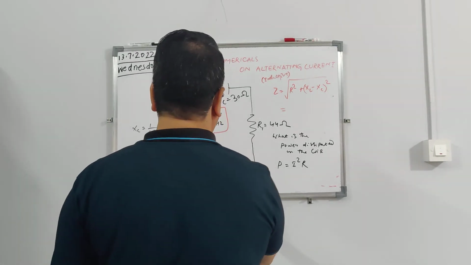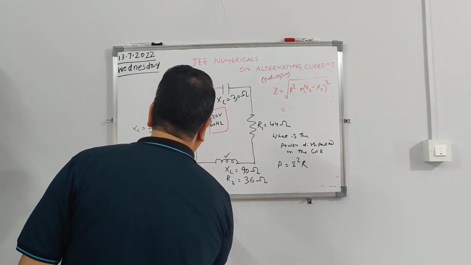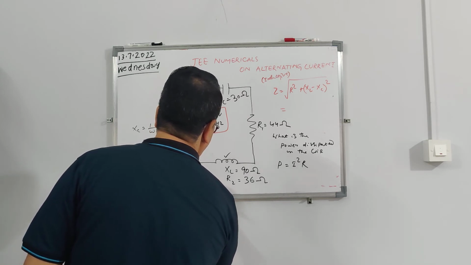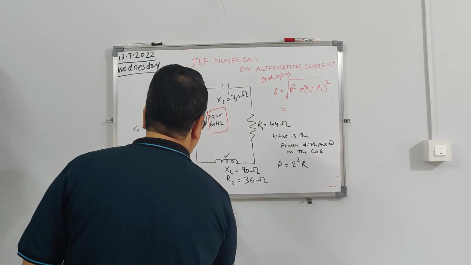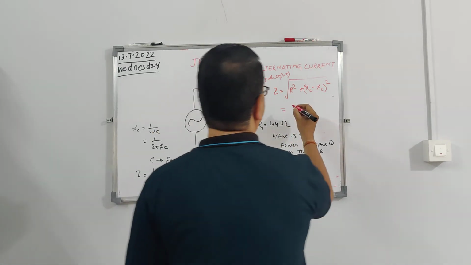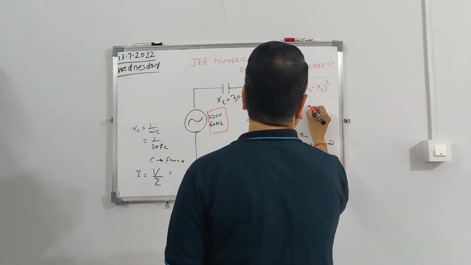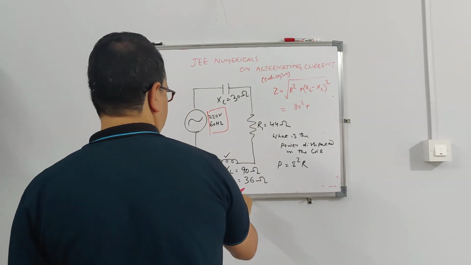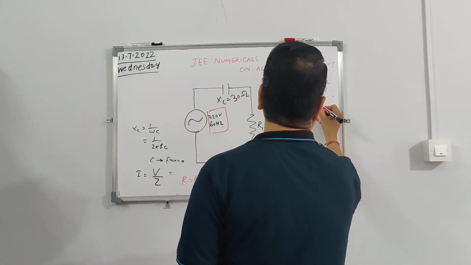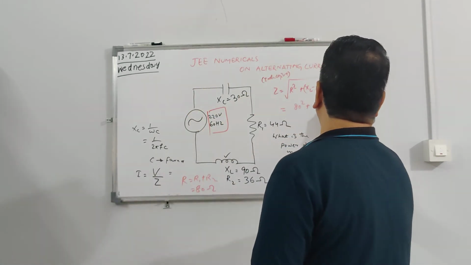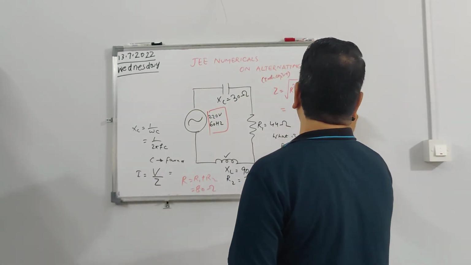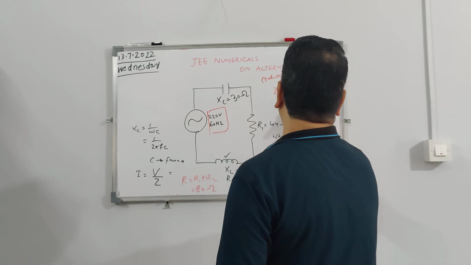So R, capital R, is equal to R1 plus R2, which is 36 plus 44, which is 80 ohm. So this is 80 squared plus your XL is 90 minus XC is 30, whole squared, square root.